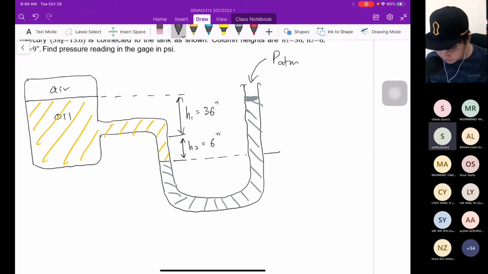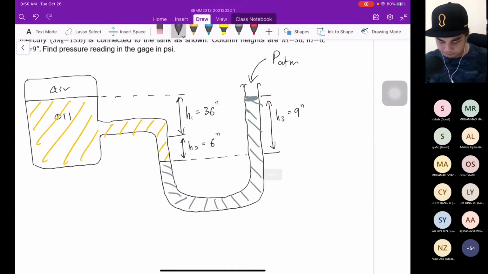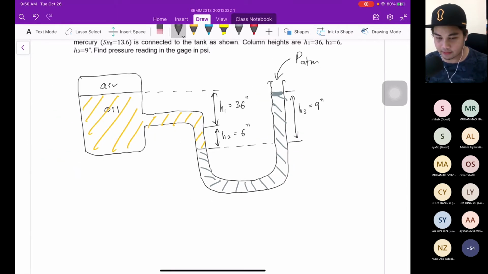From here to here is H3, 9 inch. So the first step, we need to set the reference line. So where is our reference line?